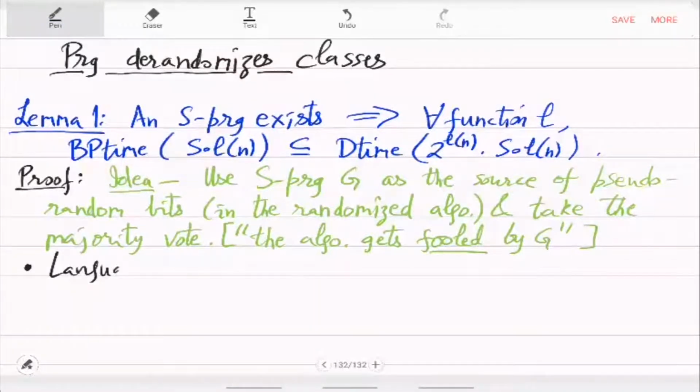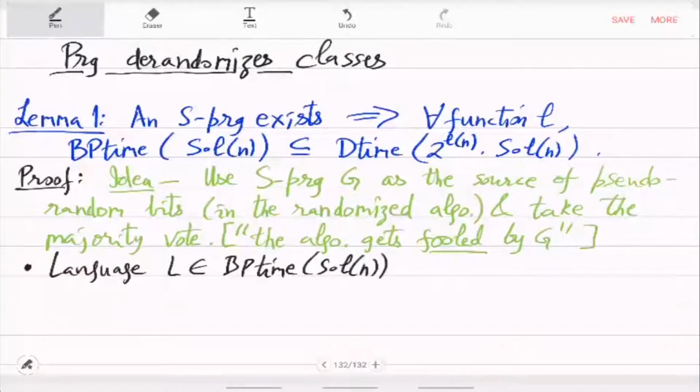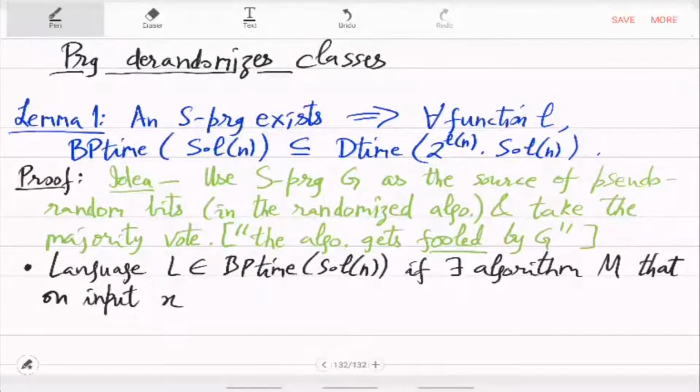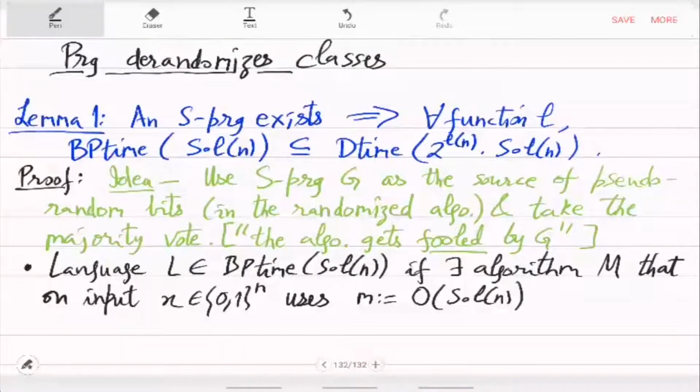So, language L is in BPTIME if there exists an algorithm M, a Turing machine, that on an n bit input X uses big O of S(L(n)) random bits and runs for that much time.